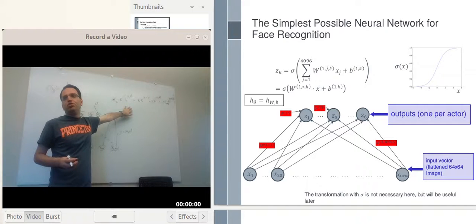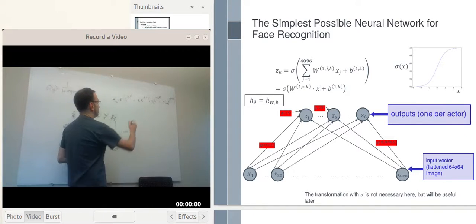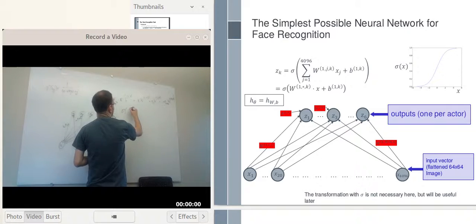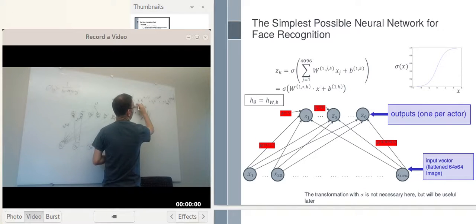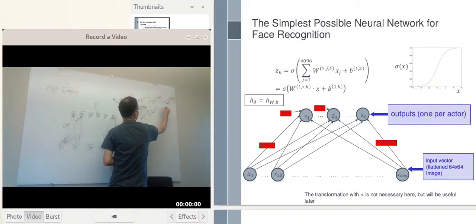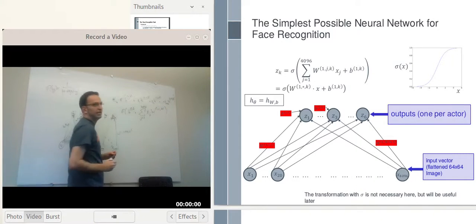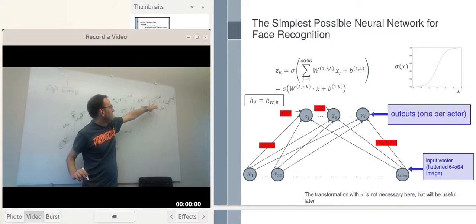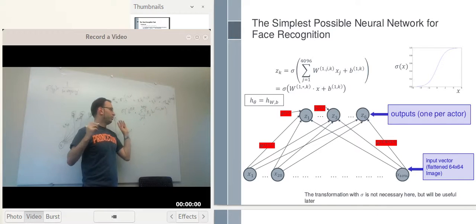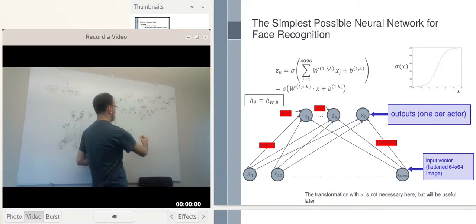So this you can write using sigma notation, right? So you can say B1K plus, and then you just go from j equals 1 to 4096, Xj, so like x1, x2, and so on, times w1jk, like this. Another thing you could do is you could say, well, I'll take all of those w's and all the x's and think of it as a dot product, right?